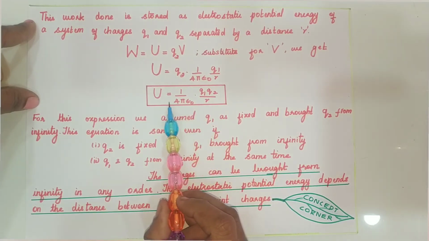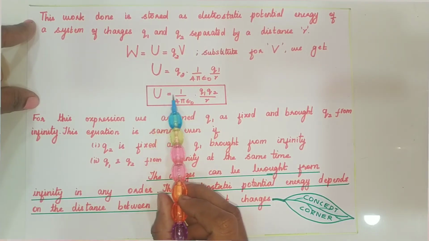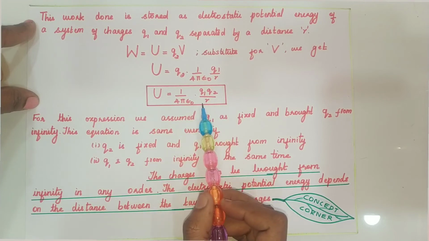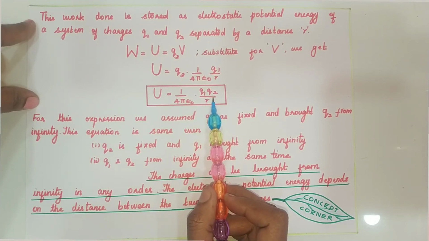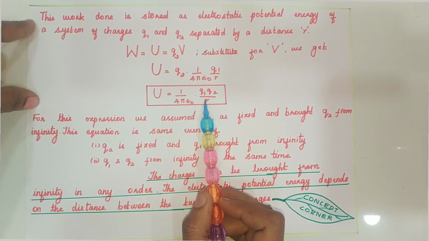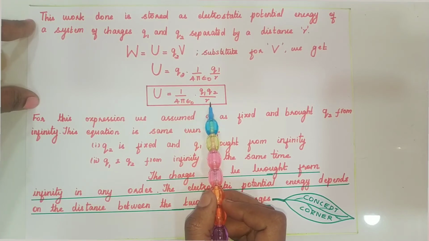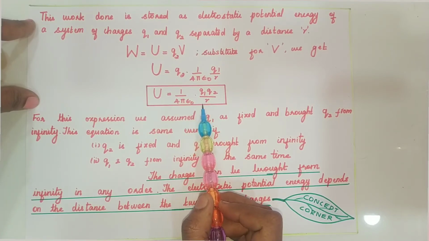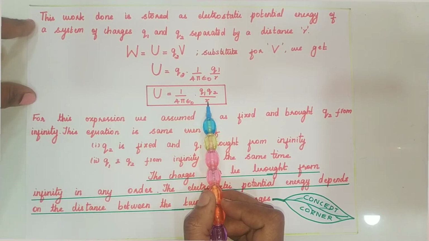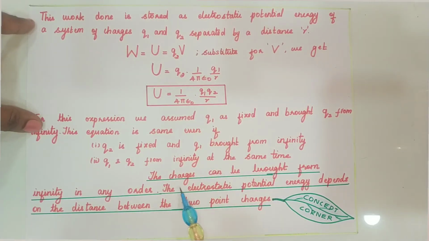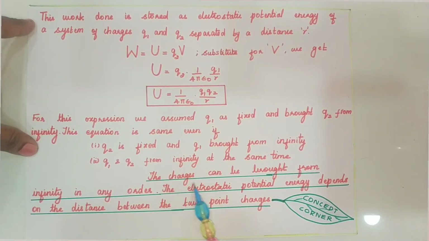That is, the potential energy does not depend on the order in which the charges are brought from infinity. It depends only on the position of the charges, that is, the distance between the 2 point charges. Here the concept hidden is the charges can be brought from infinity in any order. The electrostatic potential energy depends on the distance between the 2 point charges.